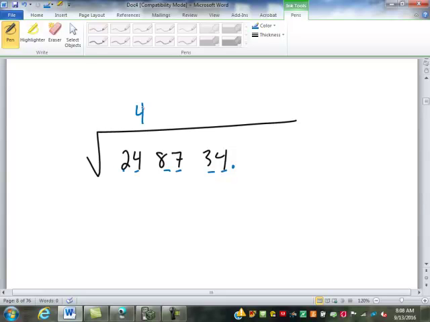So I'm trying to make sure I get everything correct here. What are they doing is it doesn't work. Put the square root of 4 in there.